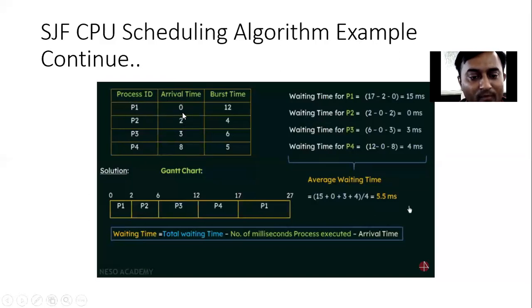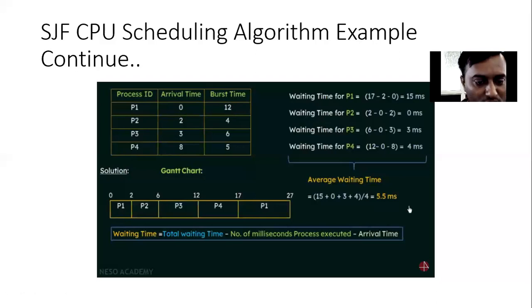So without consideration of the burst time of the P1 process, we will simply schedule that process for execution in the CPU. Why? Because there is no other option we have at that time.